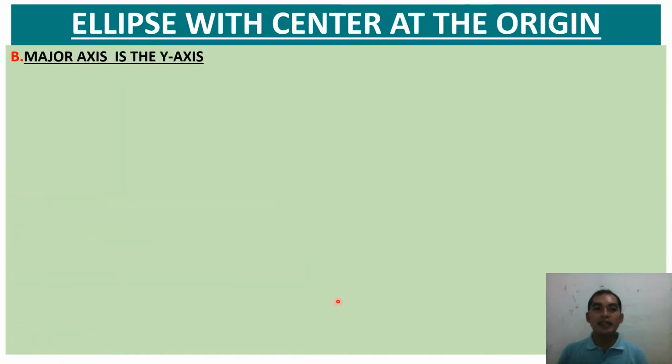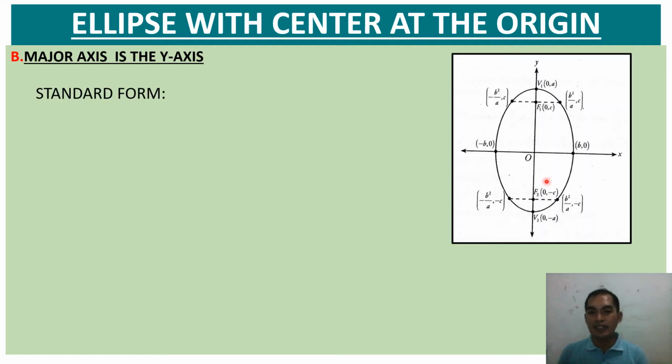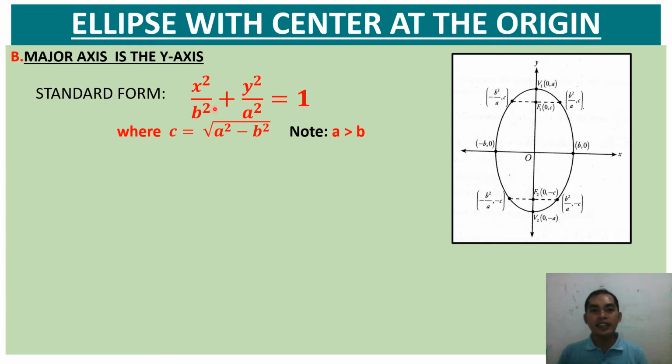Another is, major axis is the y-axis. We have this, the graph, and the standard form is x squared over b squared plus y squared over a squared equals 1, where c is also equal to the square root of a squared minus b squared.